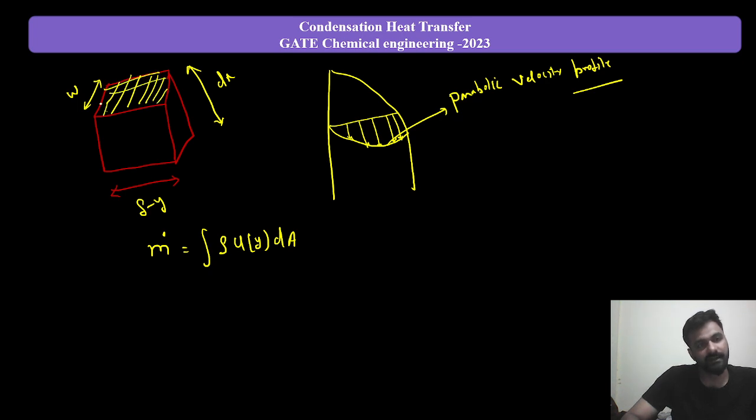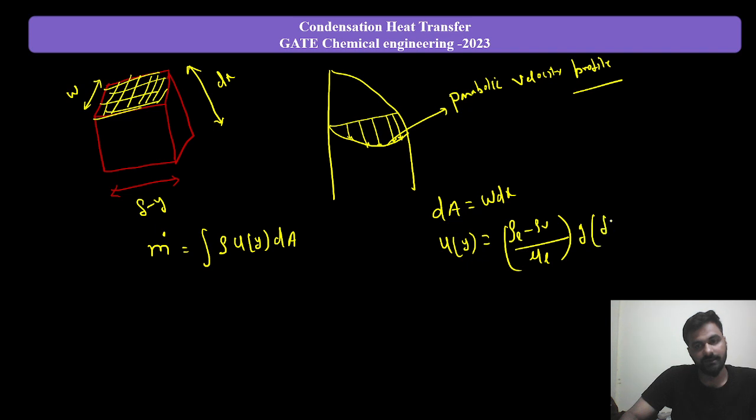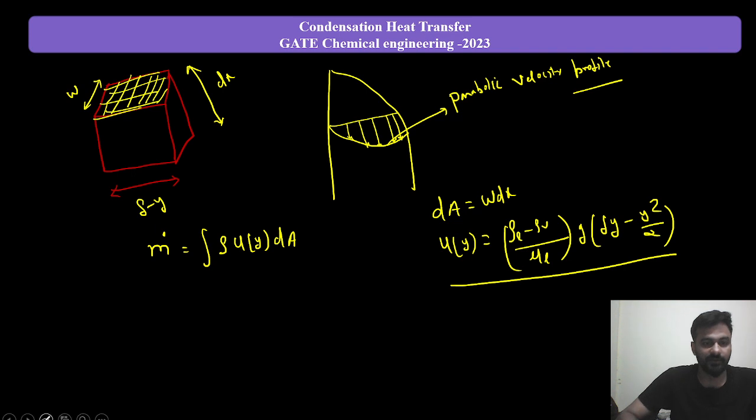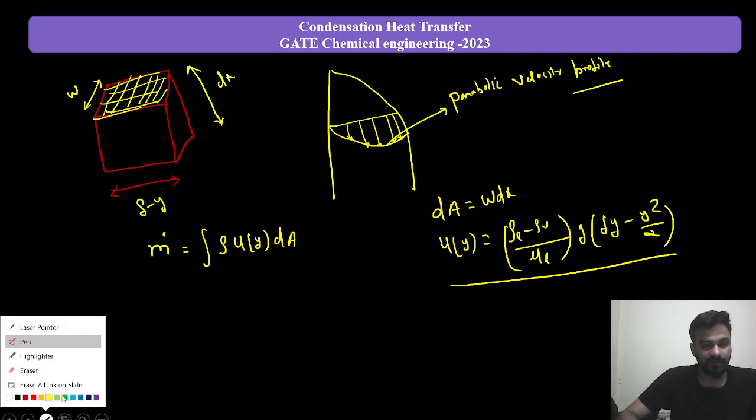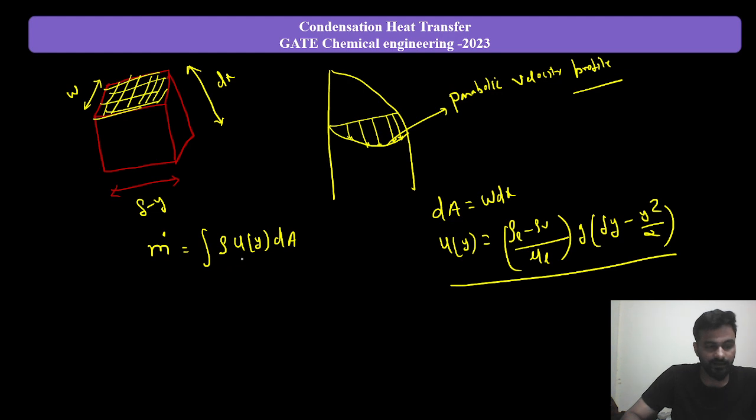So dA equals W dx, and u as a function of y, which we have already derived, equals rho L minus rho v upon mu L into g, times delta y minus y square upon 2. That is a parabolic velocity profile, as you can see from this formula. Here we are interested in calculating the mass flow rate of the liquid condensate, so rho will be rho L.